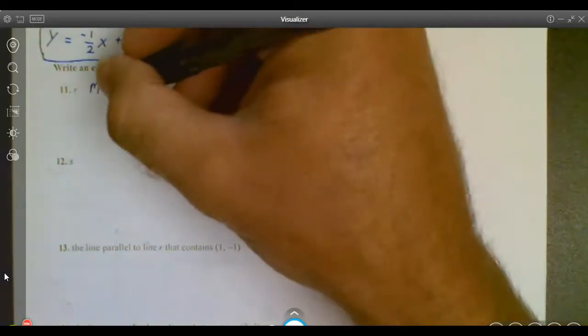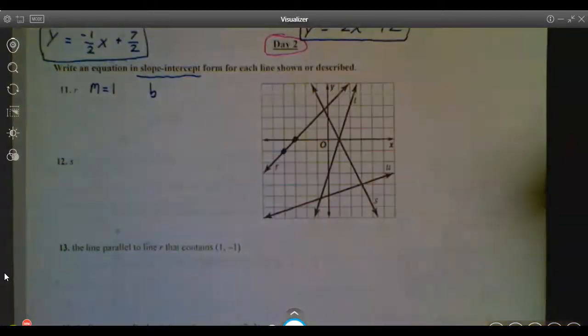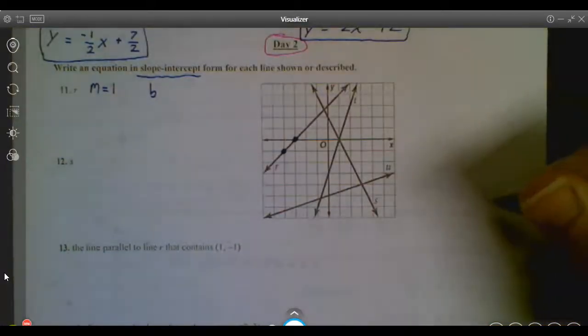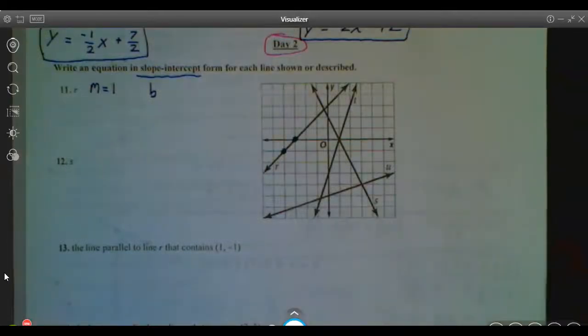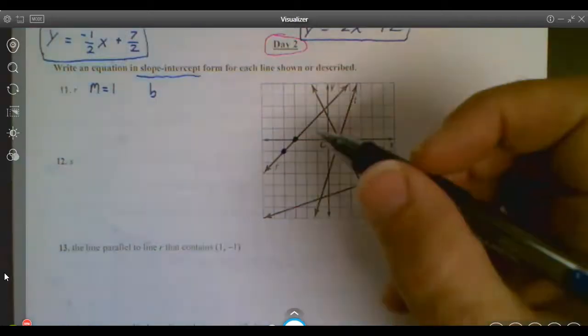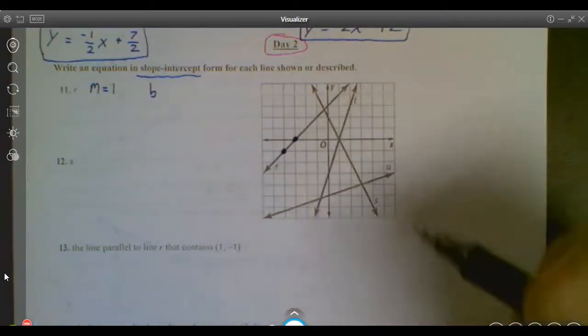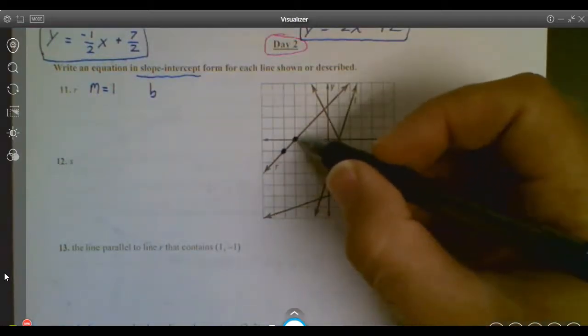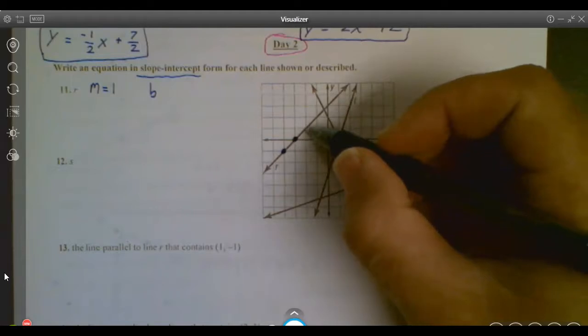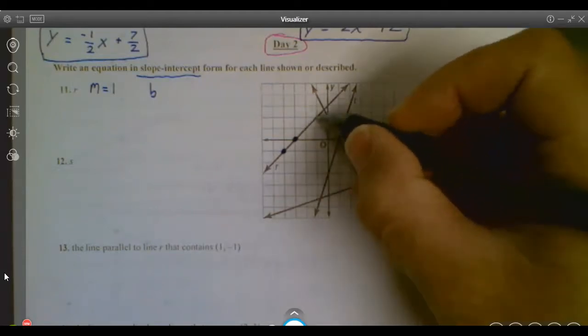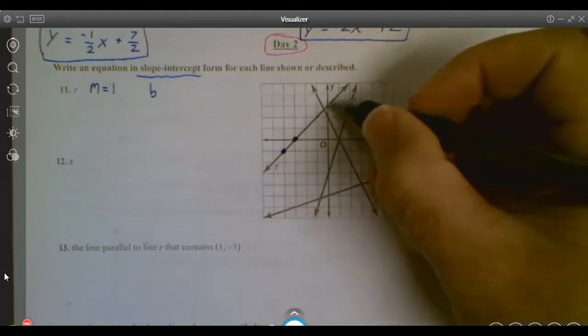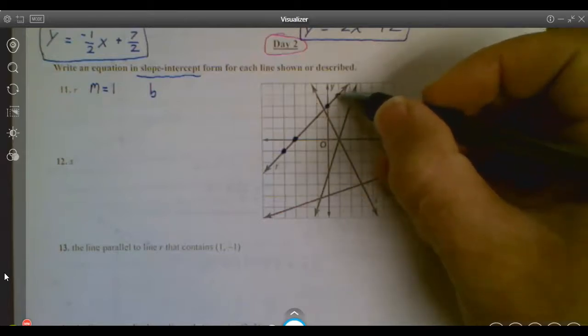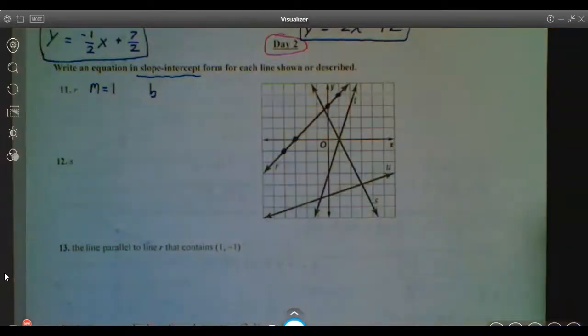You could say 1 over 1, but we tend to simplify that and just call it positive 1. Always check to make sure that you have the right slope. Keep using that slope and make sure that you're still on the line, because sometimes we can miscount a little bit. But if I go up 1 over 1, up 1 over 1, up 1 over 1, as I keep doing that, I can see for certain I'm still on the line, right? So I'm pretty safe with 1 over 1, so that looks good for the slope.